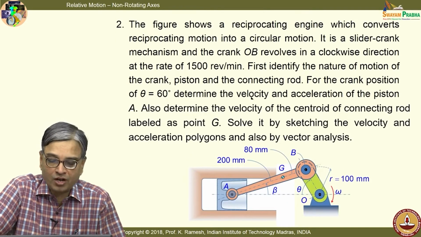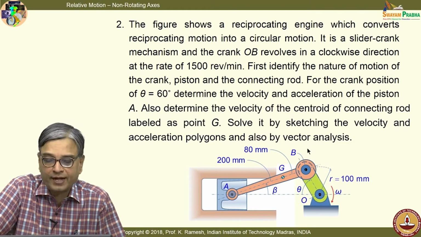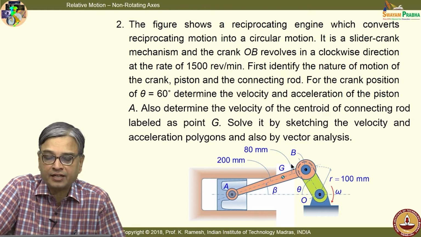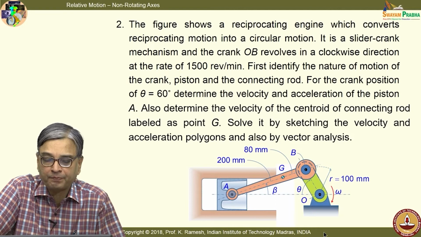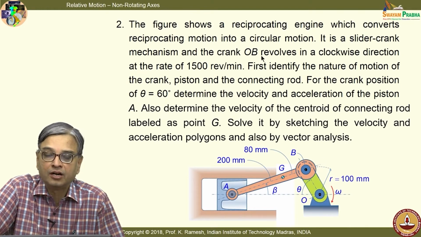We will go and solve a very practical problem. You have a reciprocating engine. This is again an example of a 4-bar mechanism, and it is called a slider crank mechanism, and the crank OB revolves in a clockwise direction at the rate of 1500 revolutions per minute.